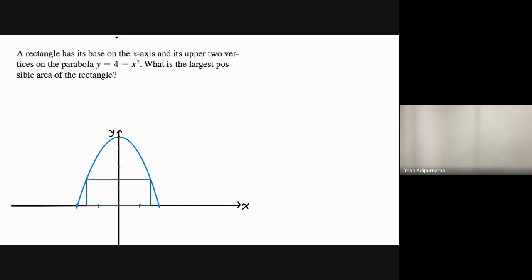If you look at the curve and the rectangle, actually the rectangle can be many shapes, right? It can be like this, it can be this, it can be this. It depends on what will be in your final result.